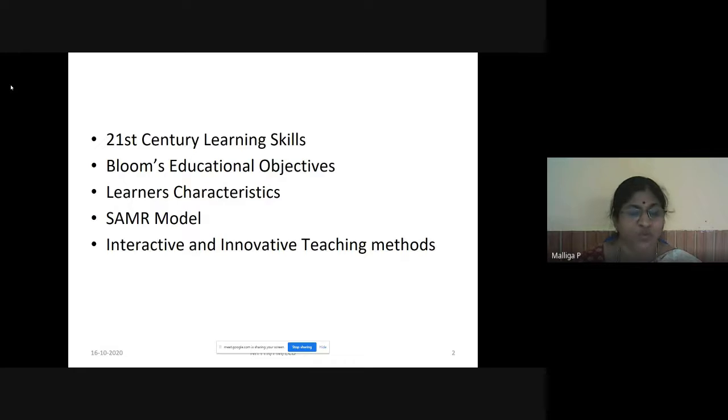So what we are going to discuss today is the 21st century learning skills, the Bloom's educational objectives or taxonomies, and the learner characteristics, then the SMER model, which you can adopt in your teaching learning process, and then what are the interactive and innovative teaching methods so that you can inculcate these 21st century learning skills in your curriculum as well as in your teaching learning process.